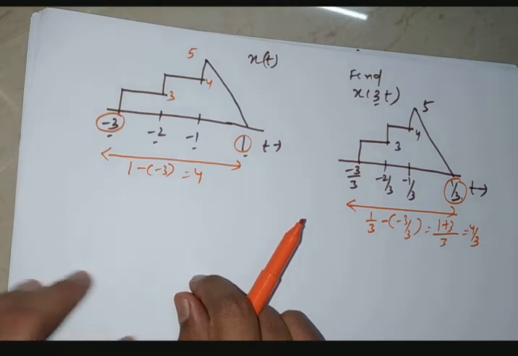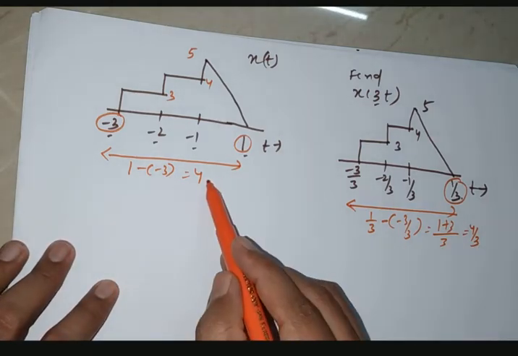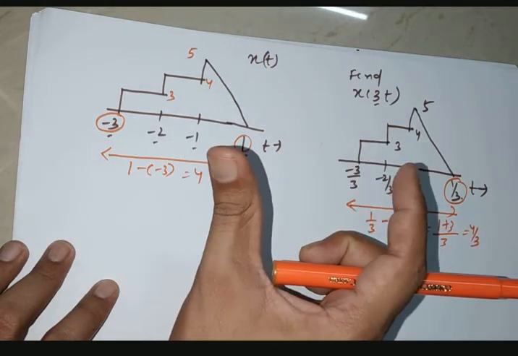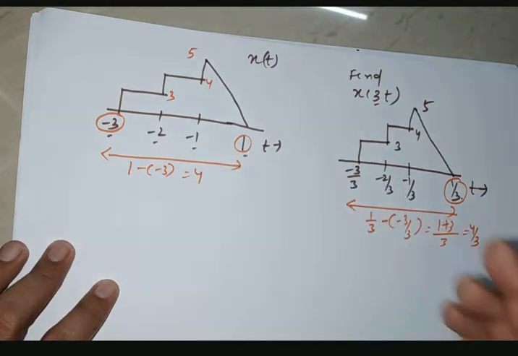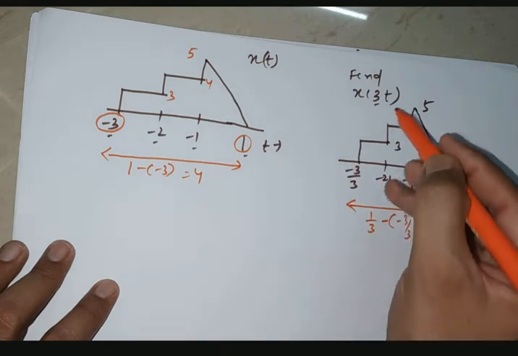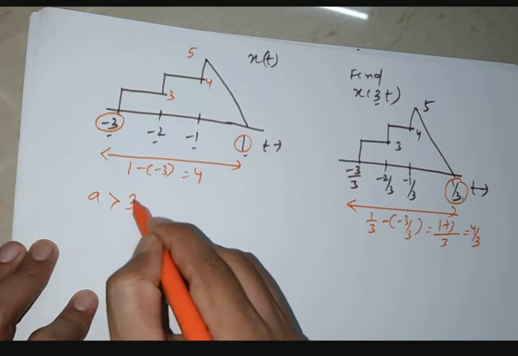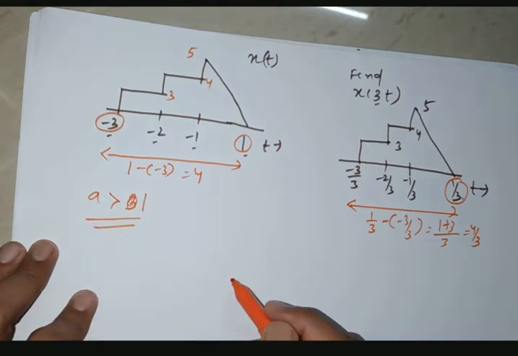Obviously 4 by 3 is very small compared to 4. So the signal will compress, because here the scaling parameter is greater than 1.